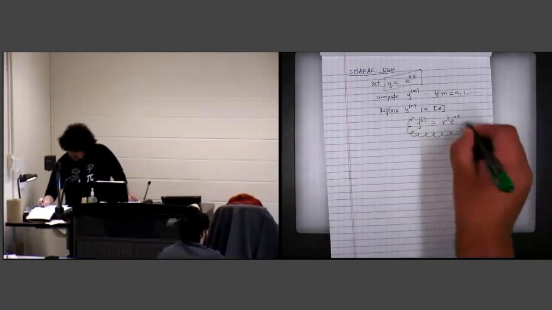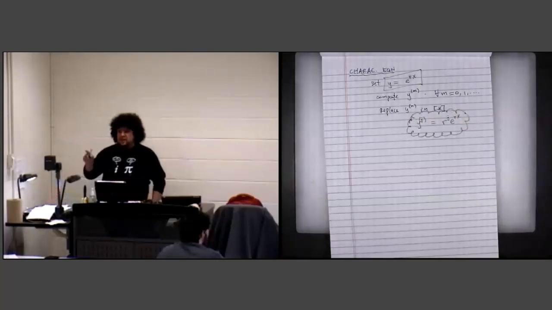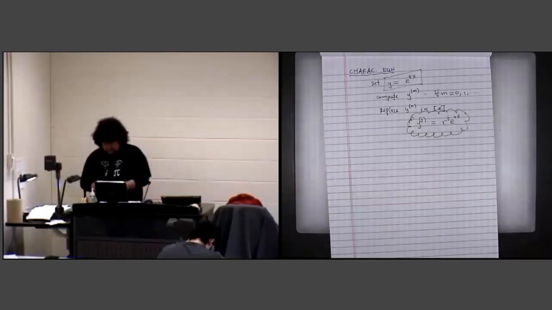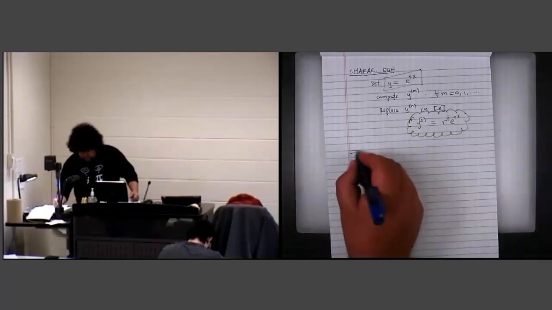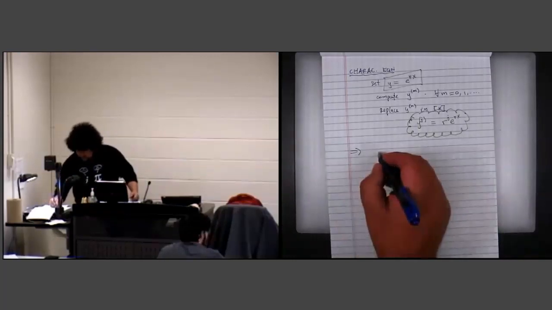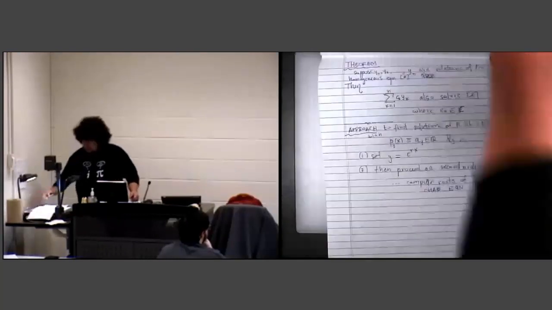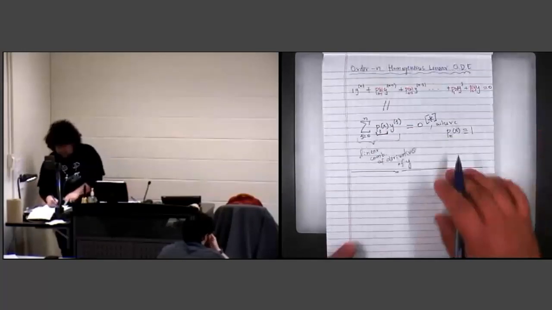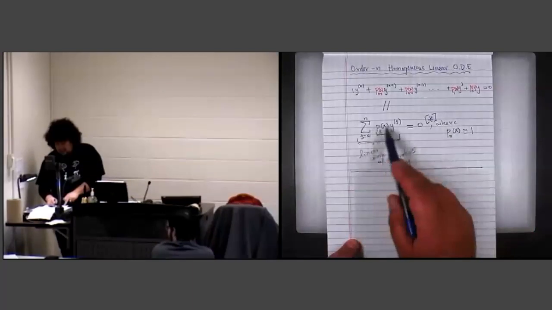This is an implication of taking derivatives of that exponential with argument rx, right? So if this is the jth derivative, that means that this linear combination right here defines our homogeneous equation. These coefficients are constants, a sub j's.